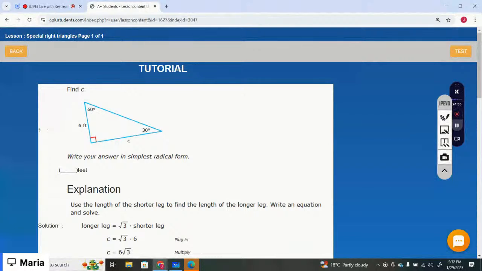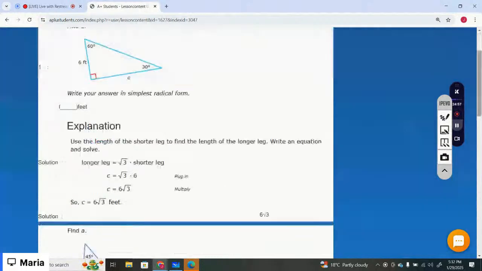So square root 3 times the shorter leg, which is 6, is 6 square root 3.